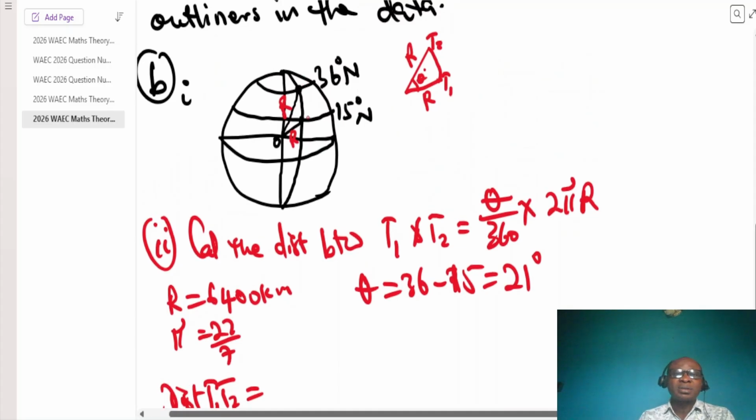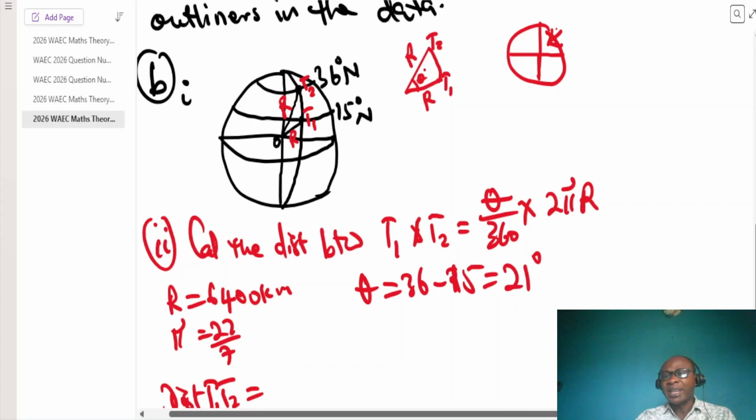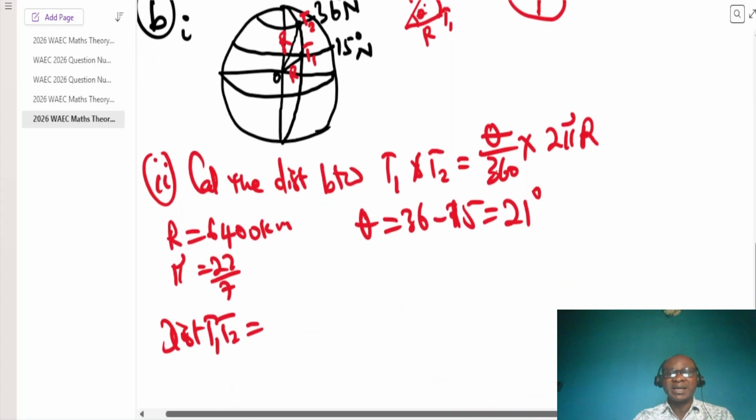Town 1, which is here, and town 2, both of them are in the same quadrant. If the Earth surface is divided into 4 equal parts, both of the points are in the first quadrant. So when the points are in the same quadrant, you subtract the points to get your angular difference. That is a method in longitude and latitude.